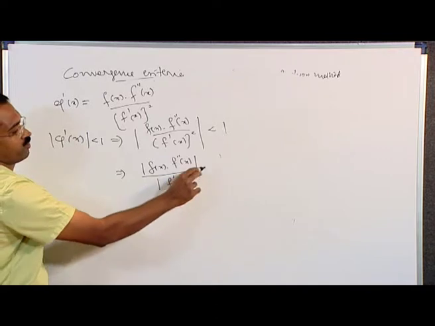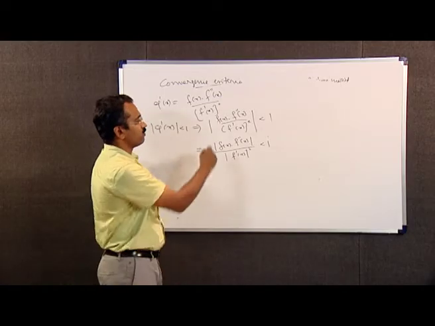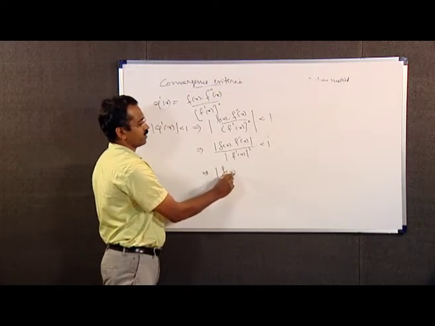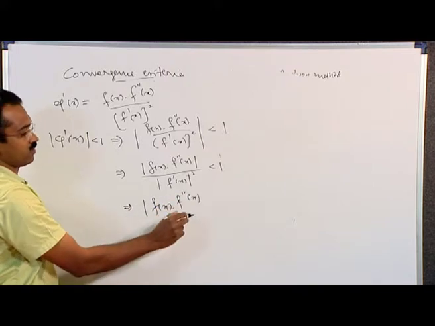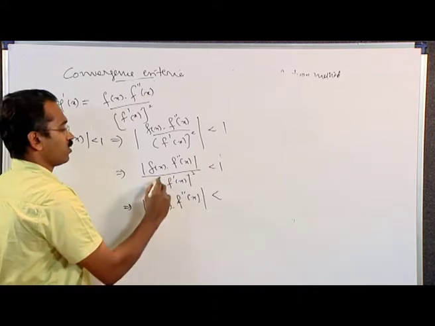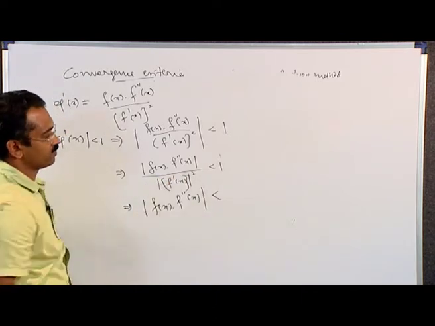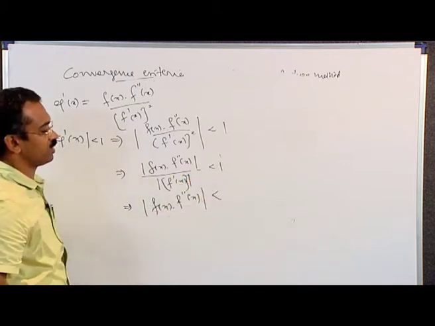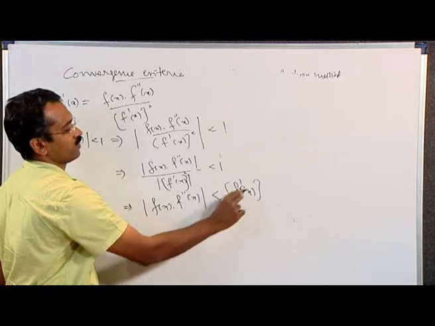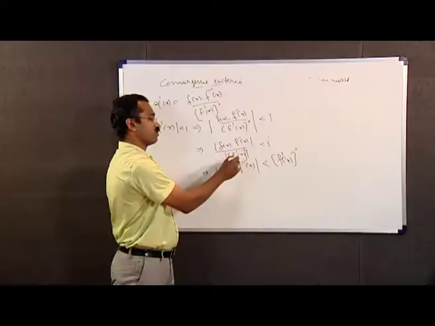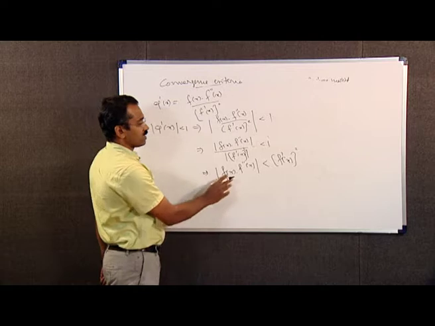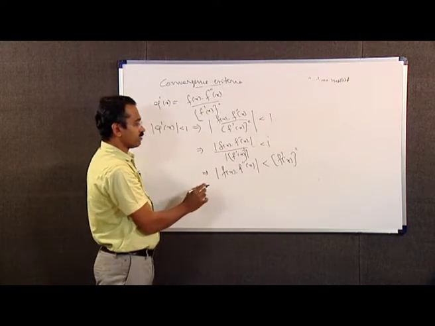By the property of modulus, we can split like this. This implies modulus of f of x into f double dash of x is strictly less than mod f dash of x square, that is f dash of x square. This is a square, therefore the modulus is f dash of x square itself. This is the convergence criteria for the Newton-Raphson method.